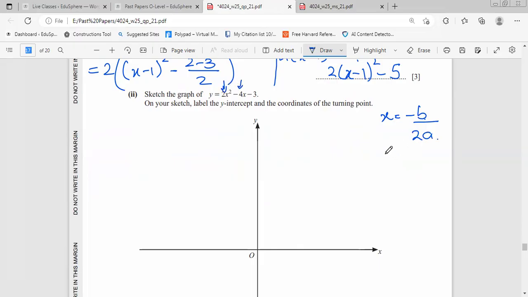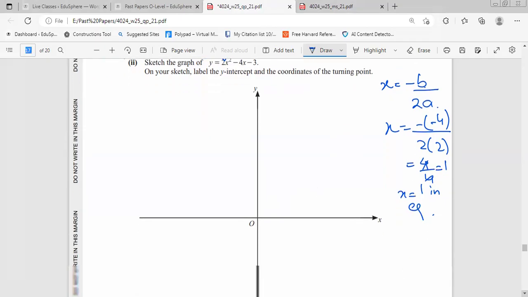So we are going to replace this. x equals minus minus 4 over 2 times 2, so it will be positive 4 over positive 4. So x equals 1. If I put x equals 1 into the equation y equals 2x squared minus 4x minus 3, it will be 2 times 1 squared minus 4 times 1 minus 3.